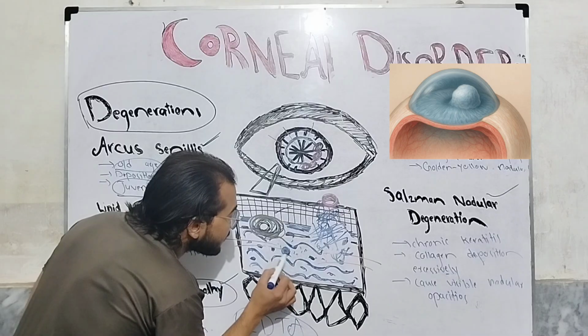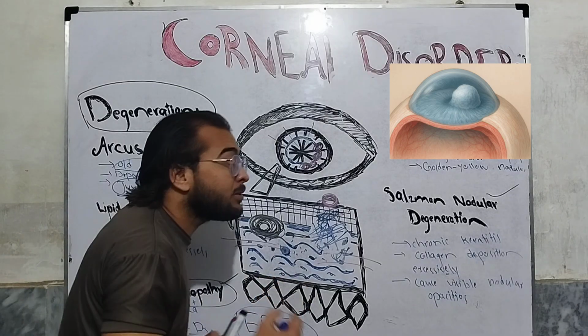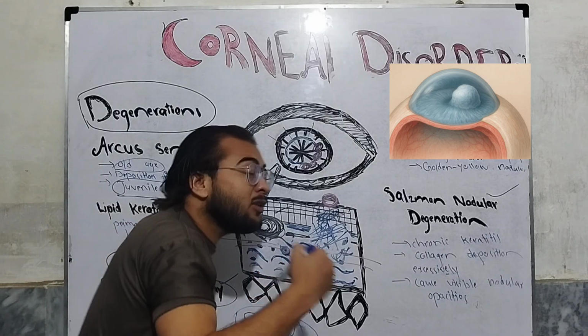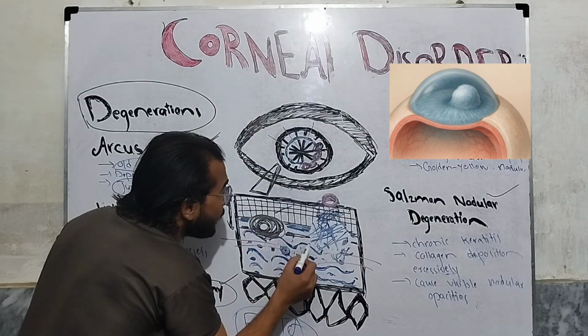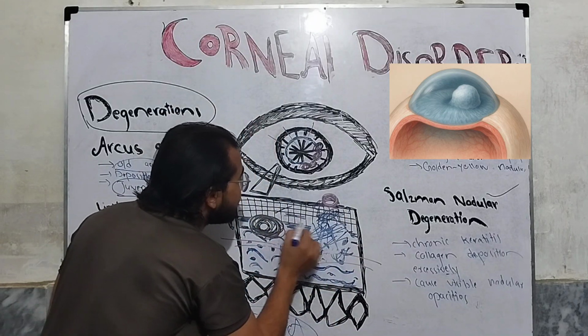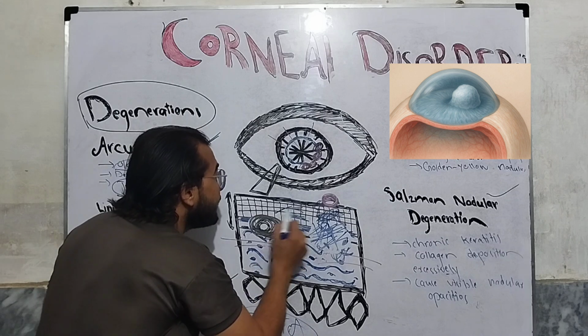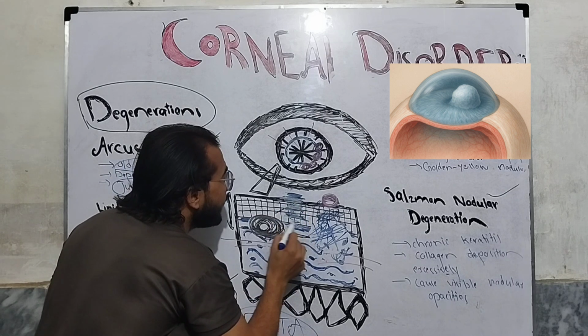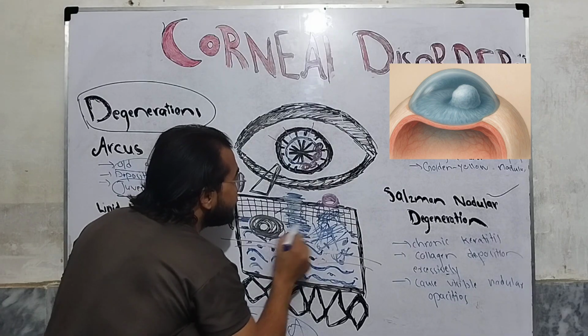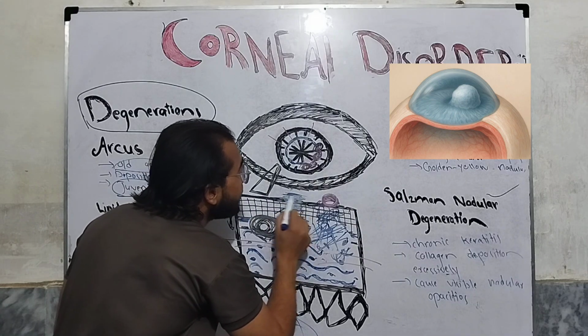These keratocytes will produce these collagen fibers excessively and in a non-oriented pattern. So when the collagen fibers are not normally oriented, what will happen? These will appear on the surface of the cornea as a nodule, okay, as a white nodularity.